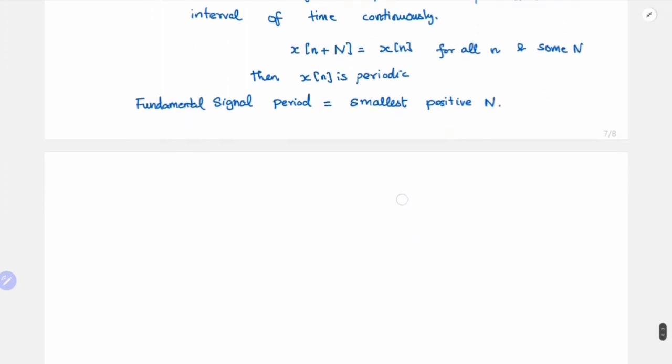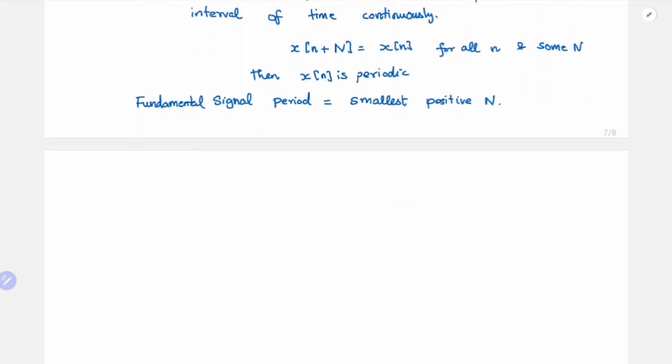It is also called the fundamental signal period. Okay, so for a periodic signal, you can already know that your energy is going to be infinite, and for your power, it is just sufficient to calculate it over one period. So let's say it is periodic with N, then I'll just say 1 by N summation n equal to 0 to N of mod x of n square.